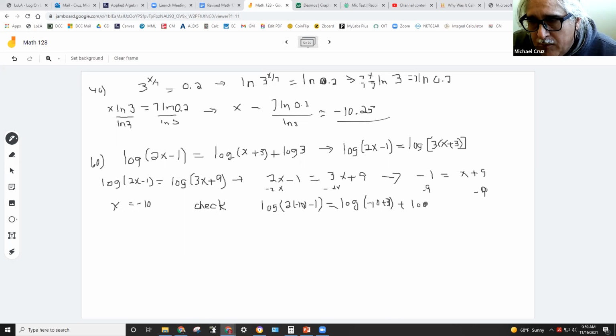All right, so watch what's going to happen. This right here is not an issue because nothing changed, but right here we got log of -21 in there, and on this one, we got log of -7.